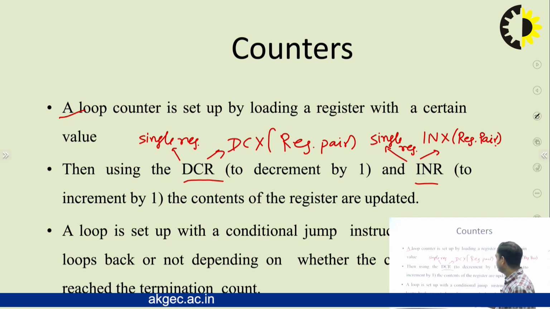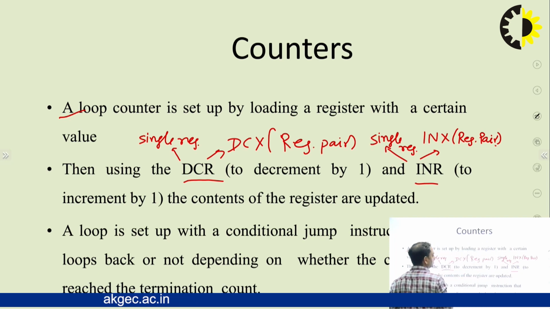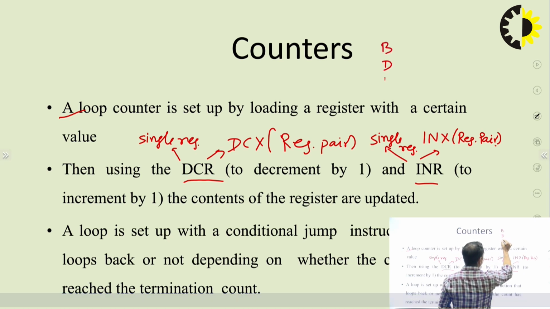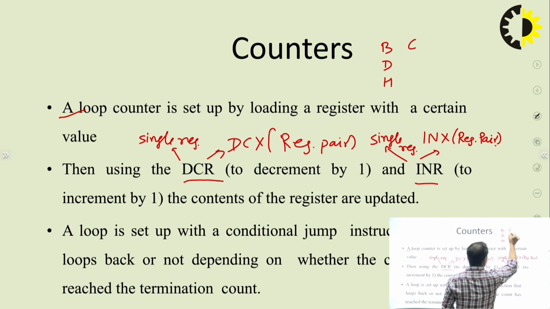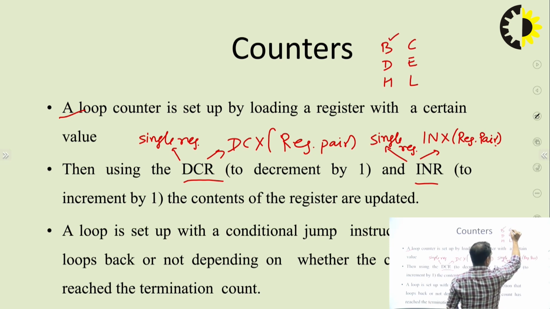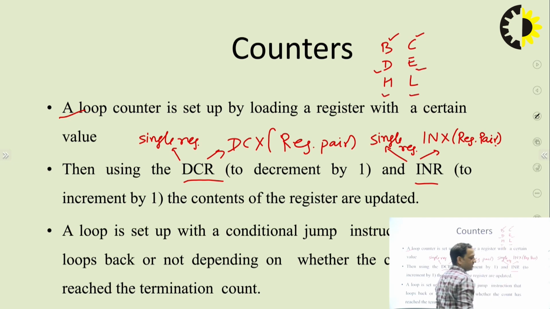We are very much aware of the 8085 registers: register B, C, D, E, H and L. When we use a single register, we can use register B, C, D, E, H or L to give the count.